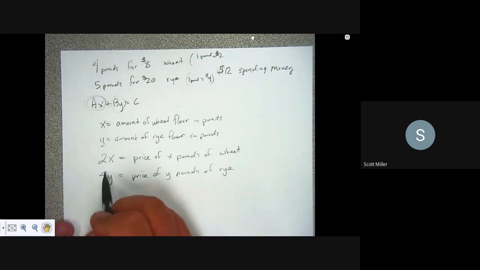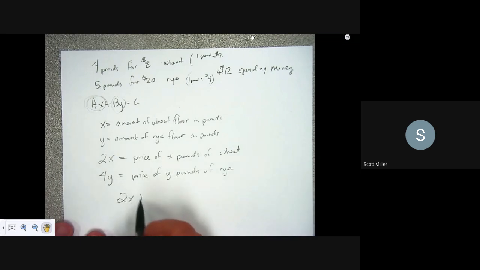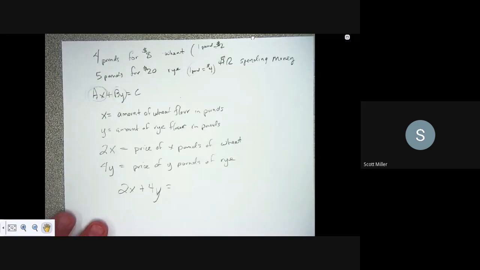That quantity is how much it costs for the wheat flour. That quantity is how much it costs for the rye flour. If I put them together, then I have a cost or the price of both of them combined.